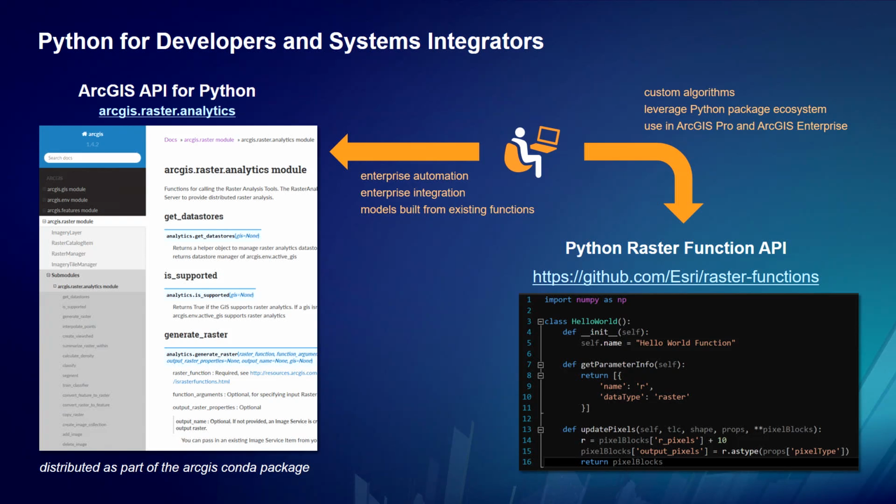The other is this notion that we talked about when I showed that graphic of all the functions. You can also just use Python to develop your own algorithms. The way that you do that is you create a simple raster function chain like Jay was designing, but you just use a Python raster function in it, and that Python raster function points to a Python module, and then you write the code to process the pixels yourself.